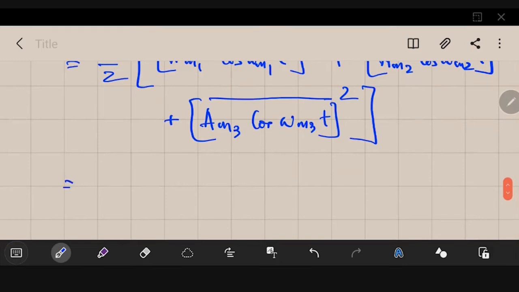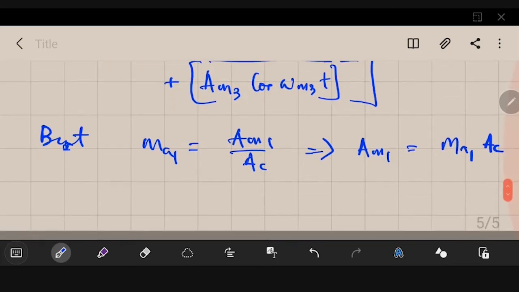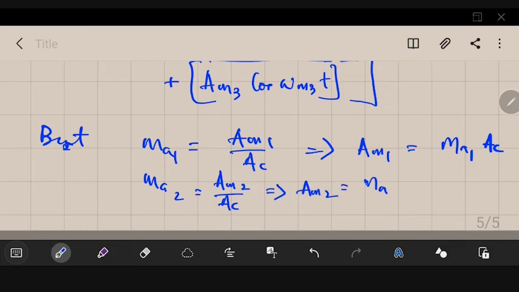We know that MA1 is equal to AM1 by AC. We have already found this out. If you could recall, a few seconds back we have done it. So we could always write it like this: AM1 is equal to MA1 into AC. Similarly, MA2 is equal to AM2 by AC, which implies that AM2 is equal to MA2 into AC.